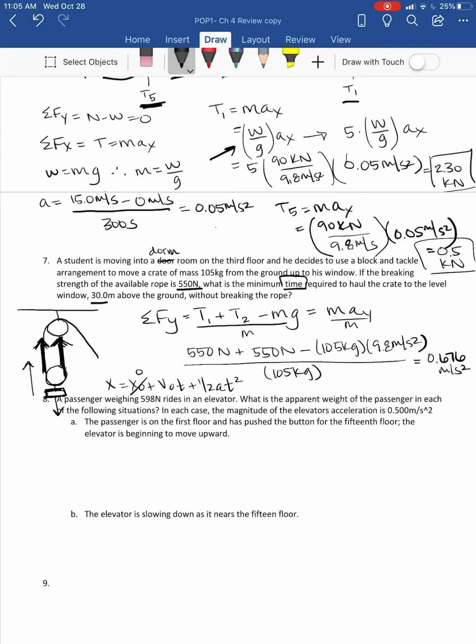Should have been on the ground, right? And it doesn't give an initial velocity, so that's going to be 0. So if we plug in 0.676 for acceleration, and if we plug in 30 meters for that final position and solve for time, you should get that time is equal to 9.4 seconds.